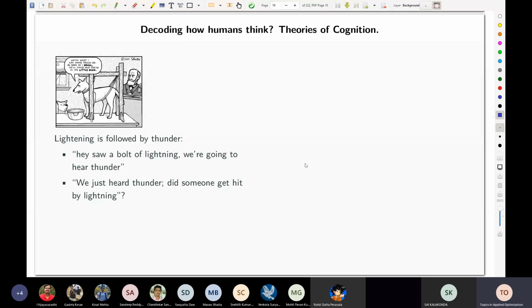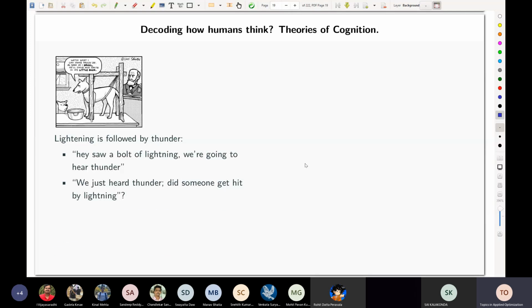These are the questions we relate to. If we heard the thunder, then we relate it to lightning. If the thunder is very strong, then maybe we expect that the lightning was also powerful and maybe it hit somewhere. We see various news of lightning hitting, and even people die because of lightning.